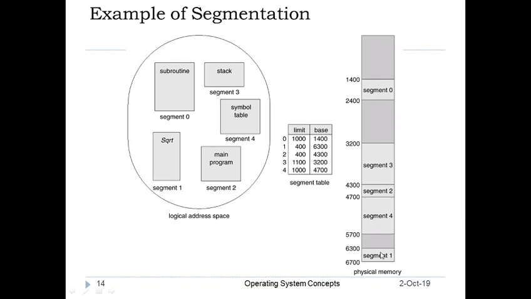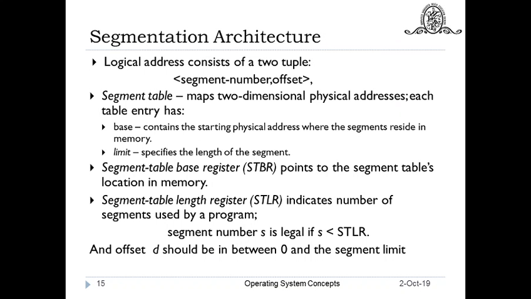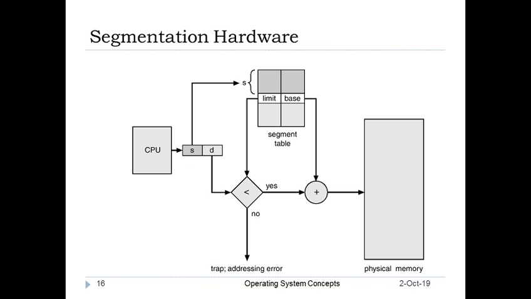So this is the representation of segmentation, where the logical address is divided into segments, and the segments are loaded into the physical memory, and there is one segment table which is used to map the logical address into the physical address. Now how this will be done, we can see here.